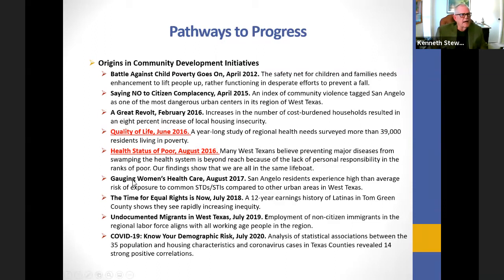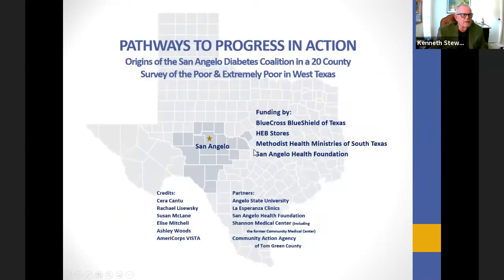The two that are identified in red are linked to our Pathways for Progress archive, and I've also provided a copy of the archive so that you can go to any of the articles in the entire collection and download them for yourself as they may interest you.